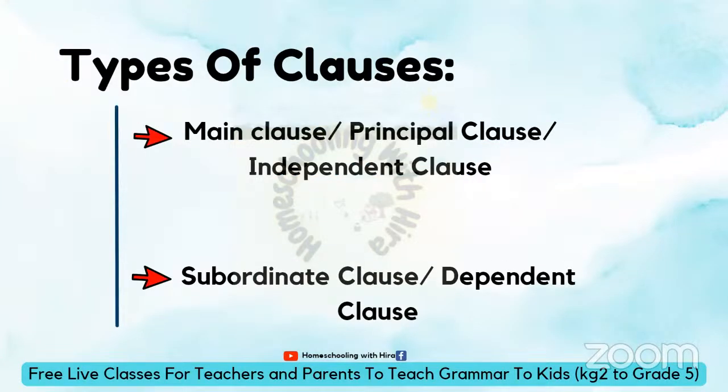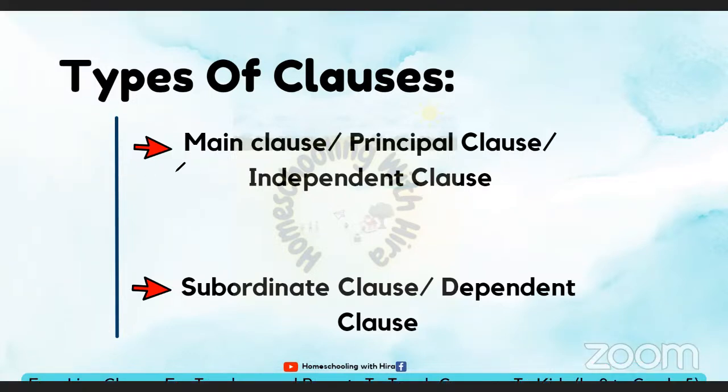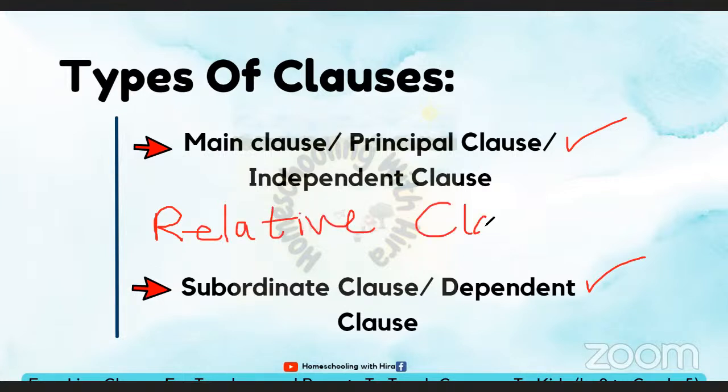Now, 2 types of clauses. You must have heard about them a lot, but let's see how well we know these and what are the new things that we are going to learn today about types of clauses. In Jolly Grammar, we have main clause or principal clause, subordinate clause, and I'll teach you one more thing that is a part of Jolly Grammar, which are called relative clauses.